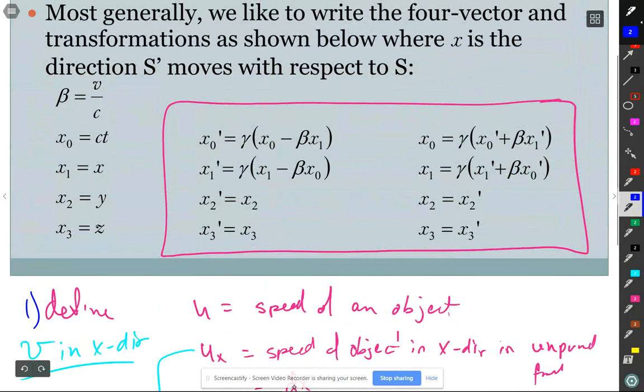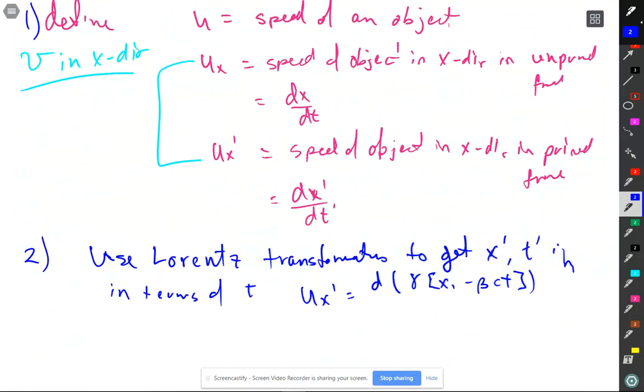Right, oh, actually, I put x0, but x0 is ct. Actually, you can't use beta ct because, well, no, you can. Yeah, you can because that's what it is.